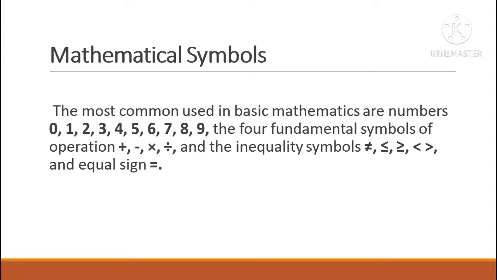The most commonly used in basic mathematics are numbers. Ito yung most common na ginagamit natin sa mathematics symbol. So, 0, 1, 2, 3, 4, 5, 6, 7, 8, 9. Ito yung numbers na palaging common na ginagamit natin sa ating mathematical symbol.